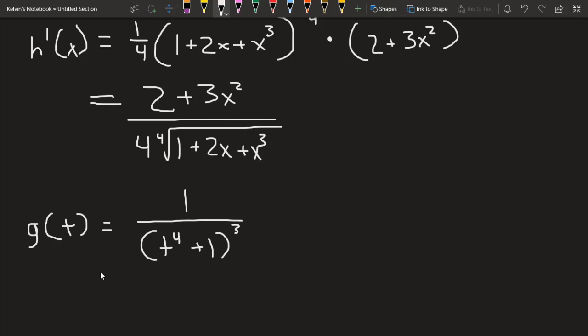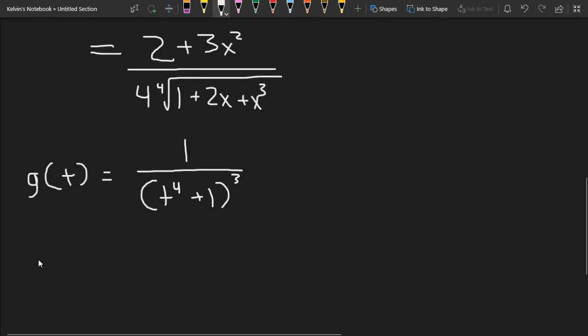So for this problem here, we can use the combination of the quotient rule and the general power rule. So let's do that real quick.